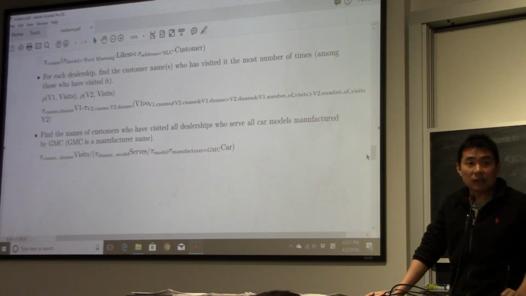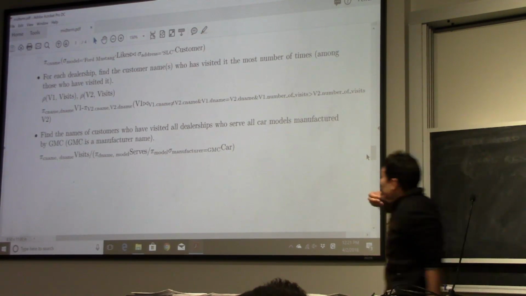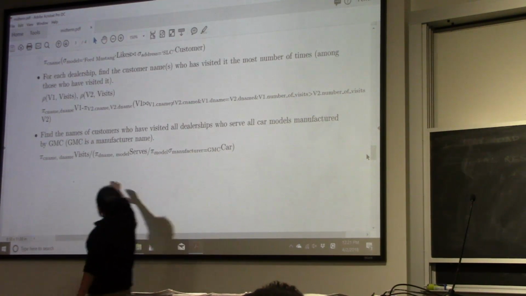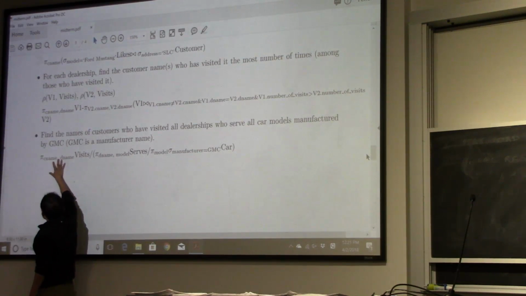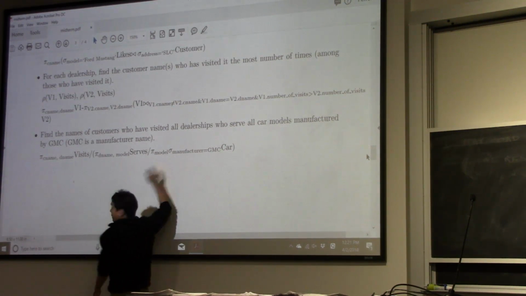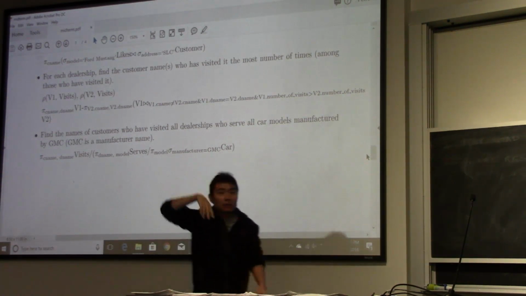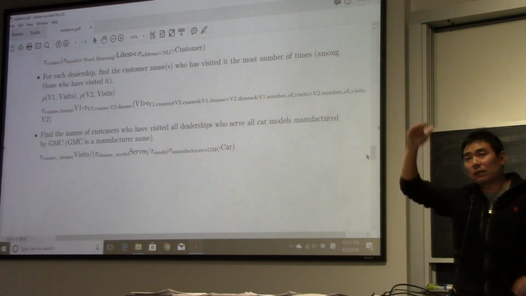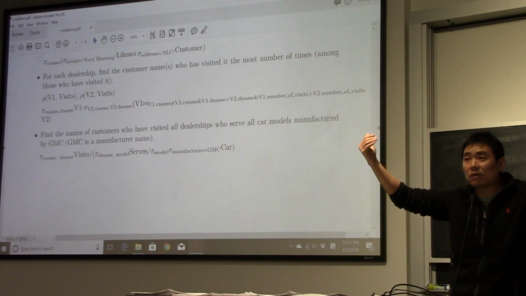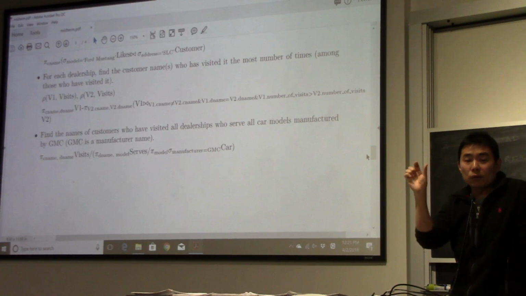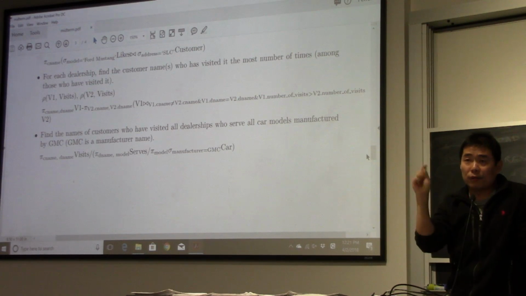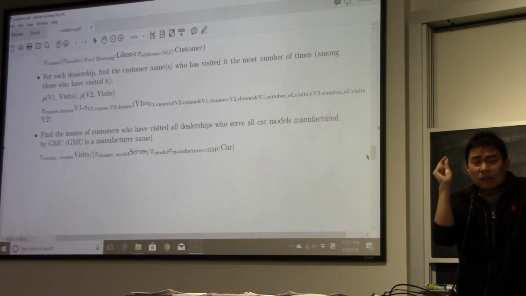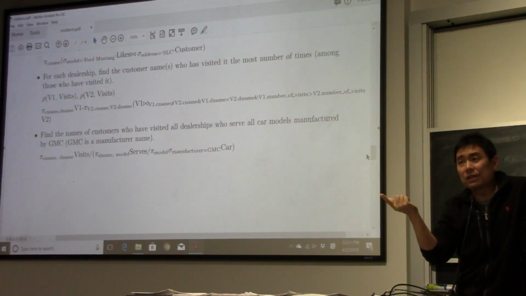Another kind of mistake I see here is a lot of you manage to figure out this level of division, meaning using visits, the projection of CNAME, DNAME, and the visits divided by a list of DNAME. But the list of DNAME you divide it by is wrong. Instead of finding the DNAME who serve all GMC models, you use a join between serve and the car to find out the DNAME who serve one model of GMC.